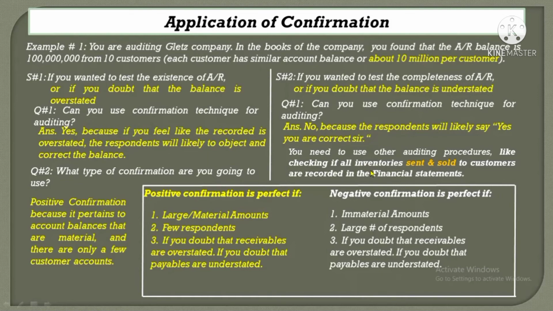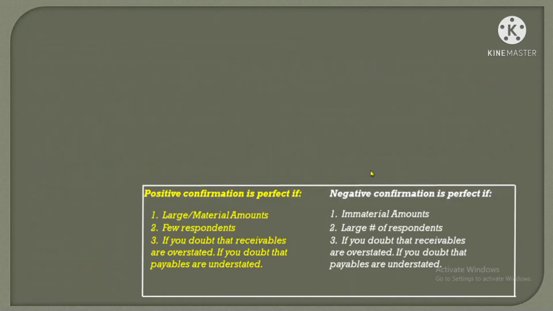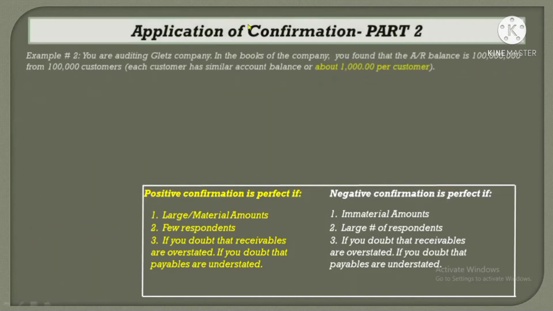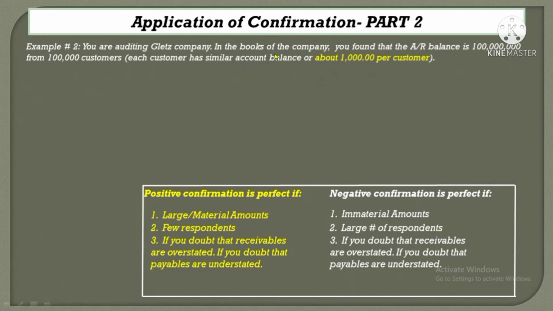Now let's go to example number 2. It's the same as example number 1. However, there are already 100,000 customers, with each of them having 1,000 as their average account balance. So here, there are a lot of customers, but they have an immaterial account balance. So situation number 1 again.